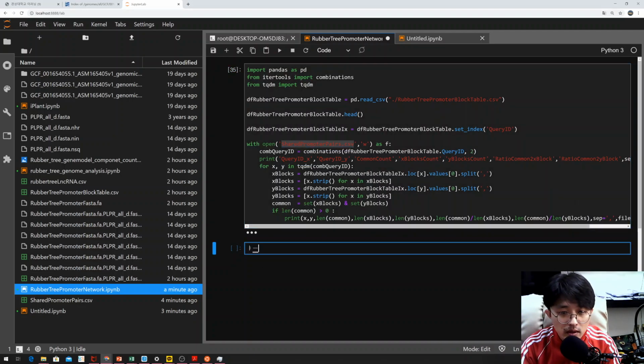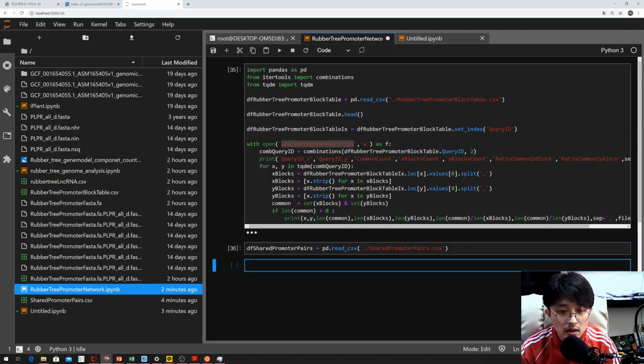So I will load the data frame of shared promoter pairs like this.